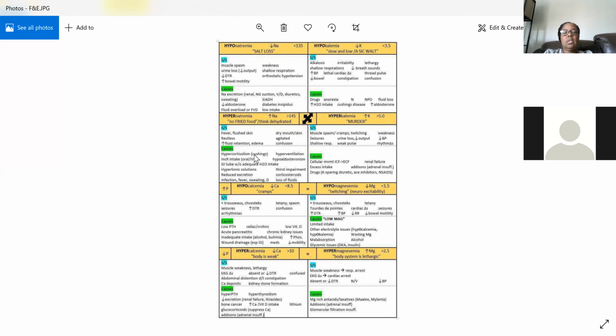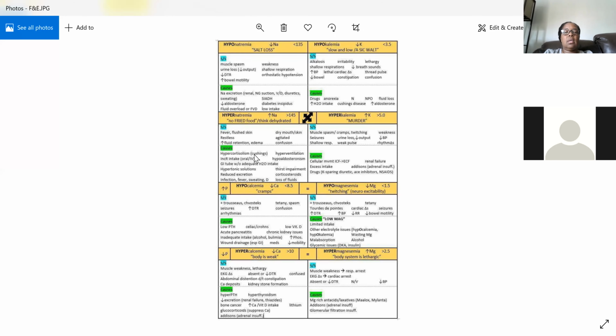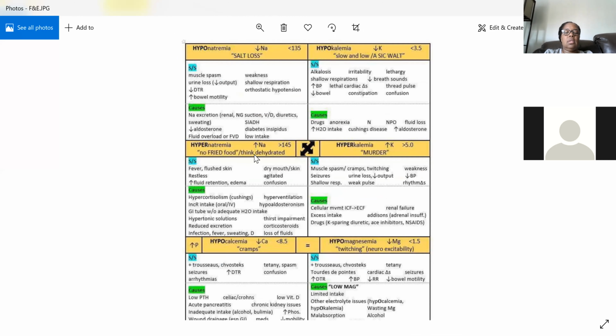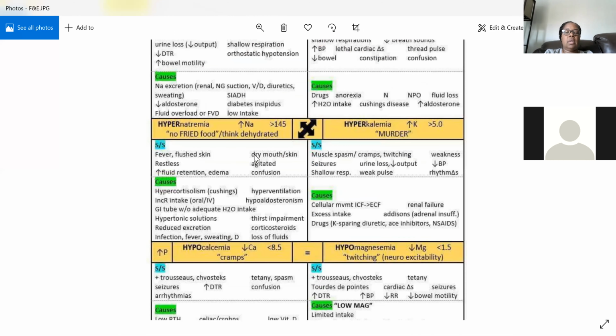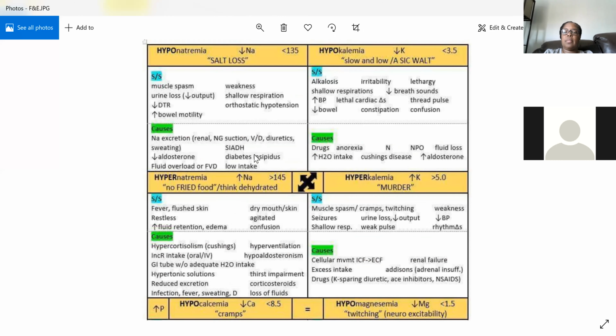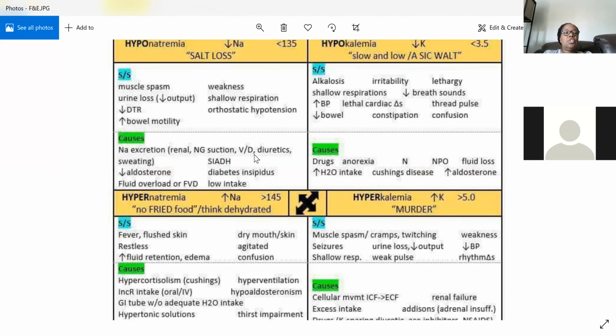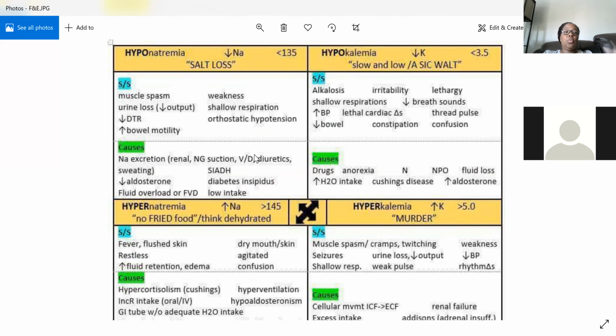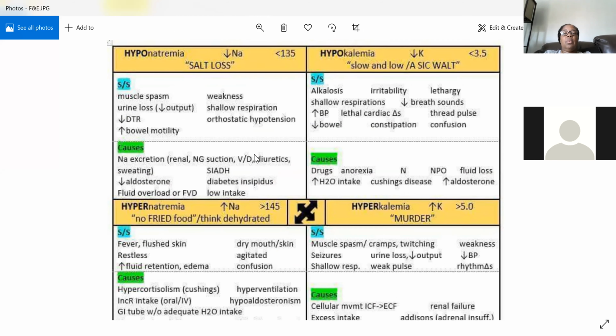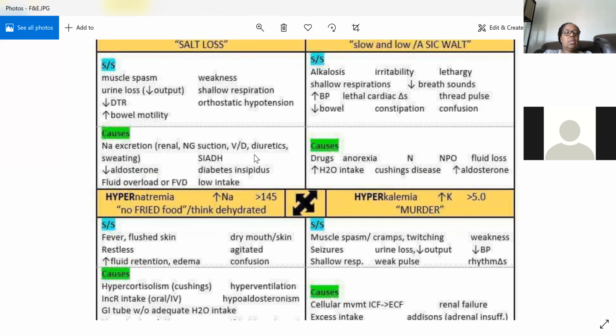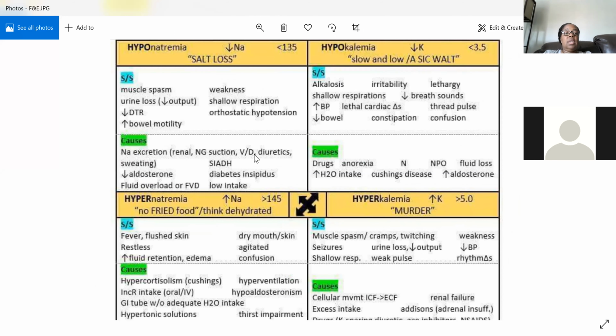So here's, these are just the two that we've talked about so far. There we go. So remember, the sodiums were more salt loss. And then here we're looking at hypernatremia.